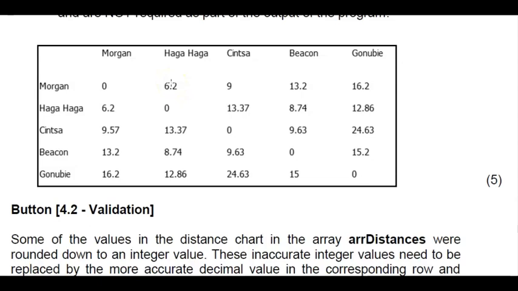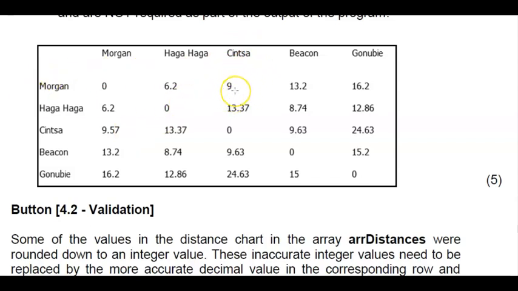The next question explains that there were some errors, and numbers were rounded down where there were decimal places, so they were incorrect and needed to be replaced. If you look at traveling from Morgan Bay to Sinsa, that's 9.57 if I read it this way. However, if I go from Sinsa to Morgan Bay, now it's just 9.